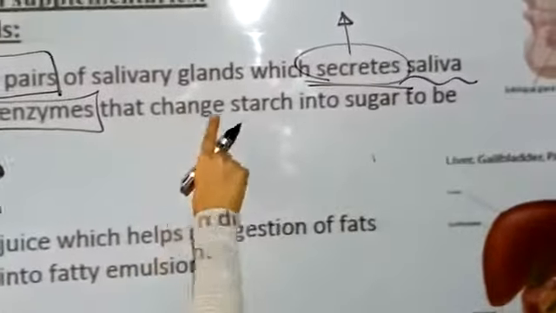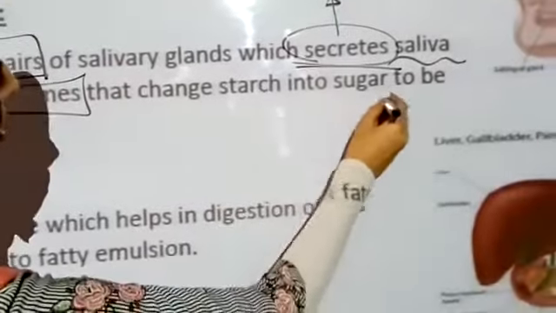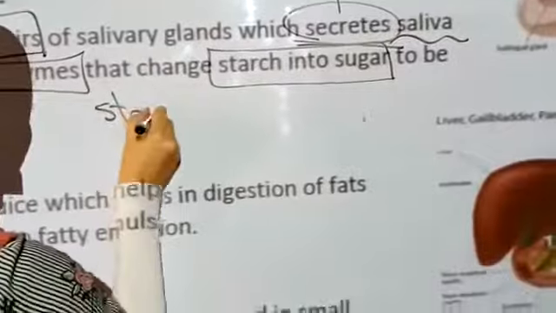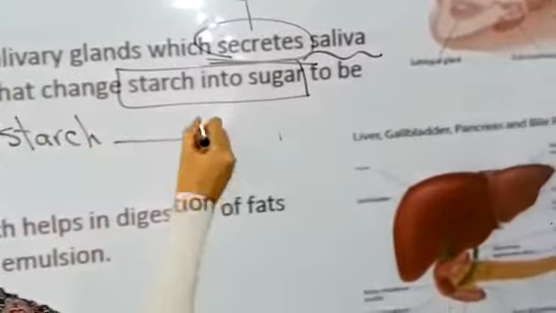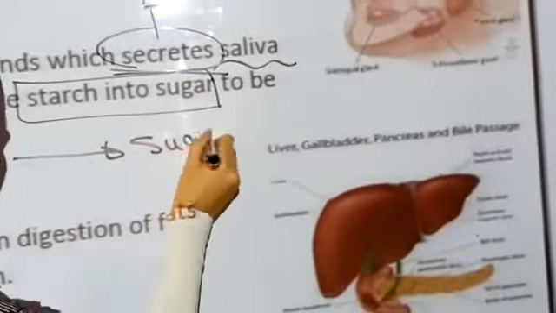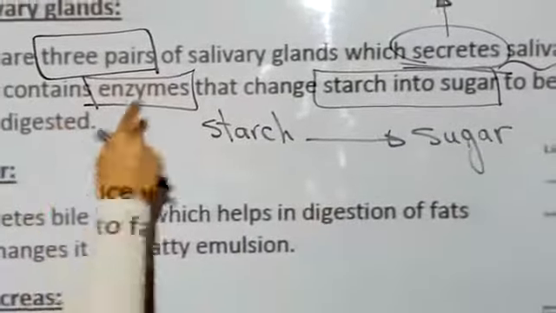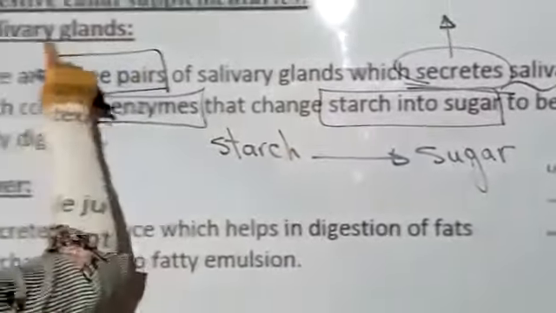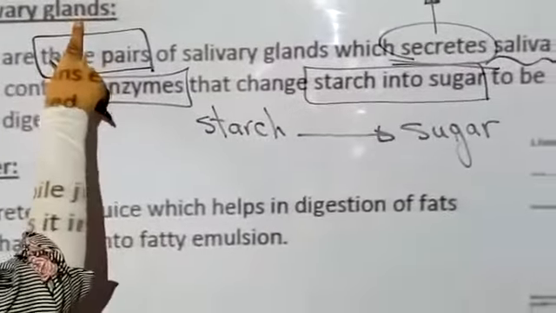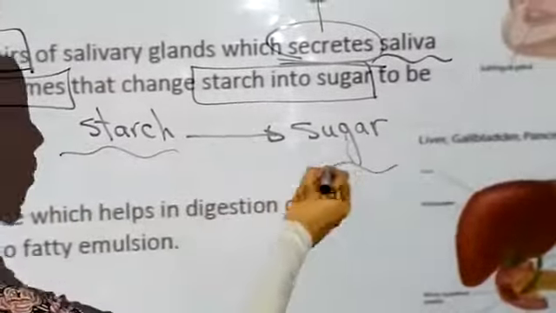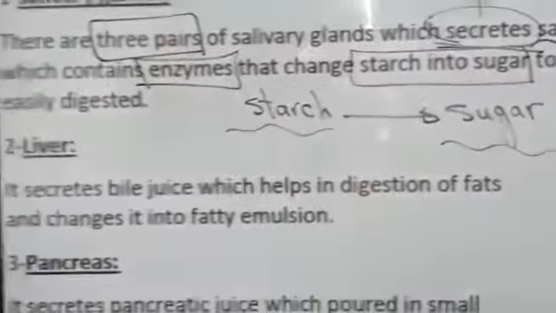It changes starch into sugar. Starch into what? Into sugar. So, what's the function of the 3 pairs of salivary glands inside the mouth? Change starch into sugar inside the mouth.